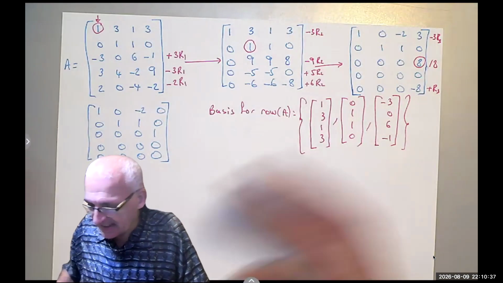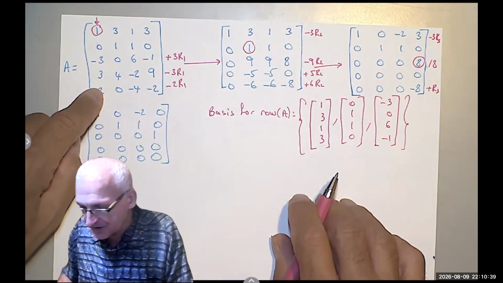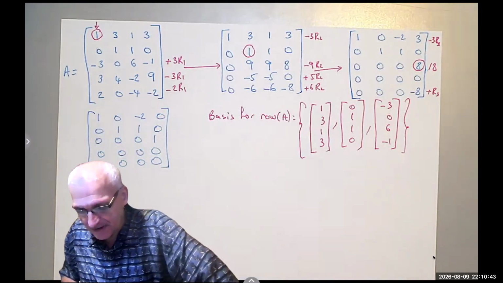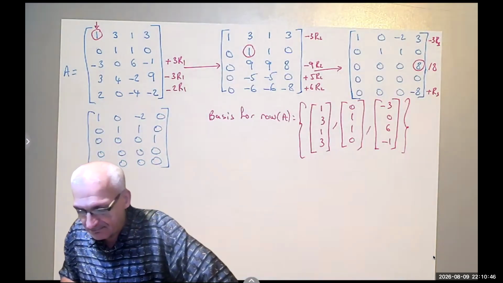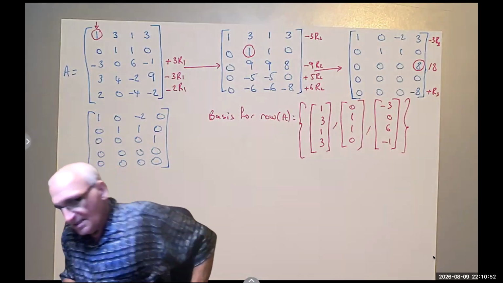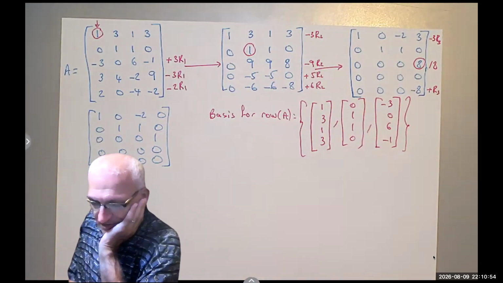And I'm saying that these 2 rows can be written as a linear combination of the first 3. I can't say it from the top of my head, but let me see if I can.